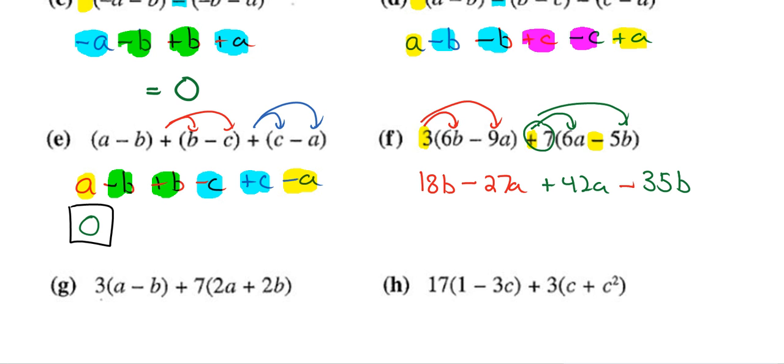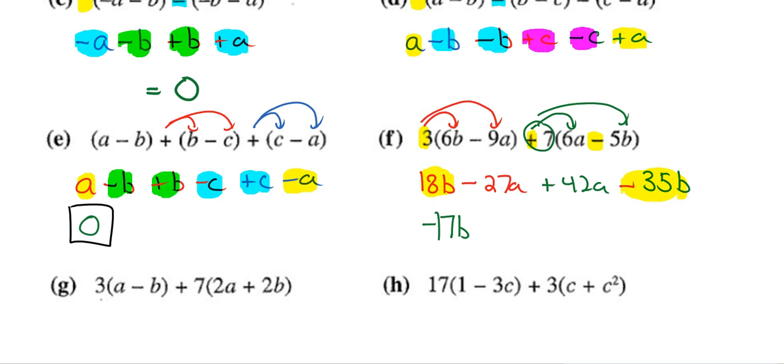Okay, and then after this, what you want to do is collect your like terms. And once you collect your like terms, I have 18b and a negative 35b. So 18 minus 35 is going to be what? Taking out my calculator here, 18 minus 35, that's going to be negative 17. So negative 17b.